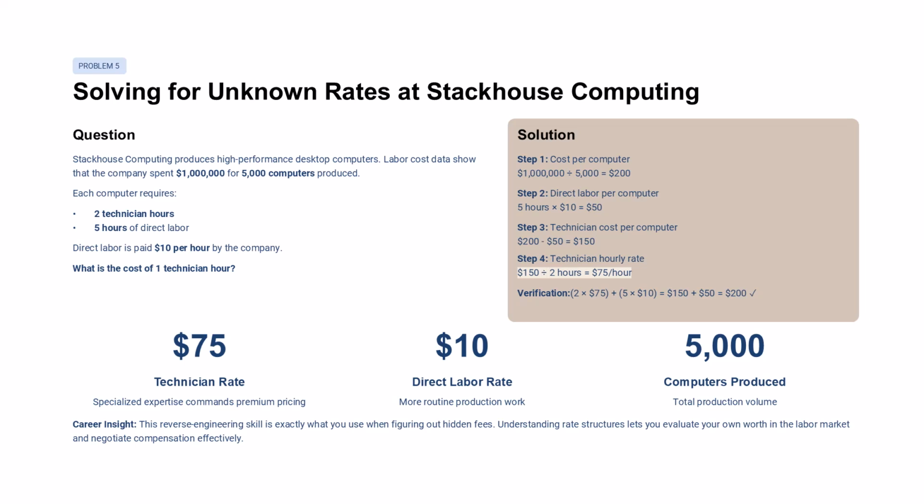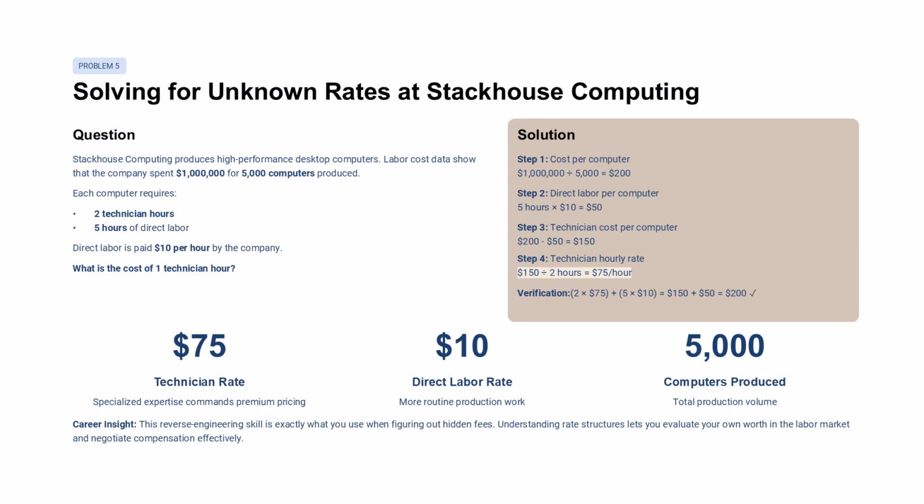Here's the career insight. Understanding rate structures lets you evaluate your own worth in the labor market. If a consulting firm charges clients $200 per hour for your work, but pays you $40 per hour, you now understand where the other $160 goes: overhead, partner profits, training, and risk.